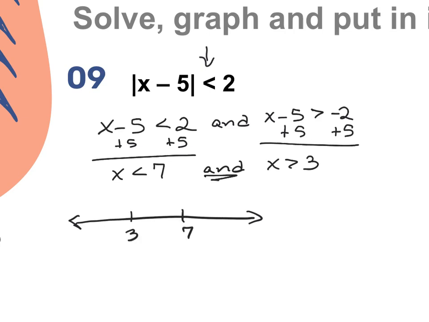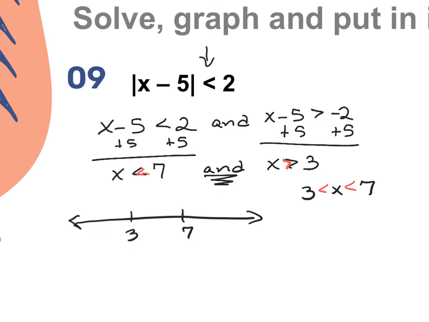Whenever it's joined with the word and, this compound inequality, you can also rewrite it, put the smaller number, the bigger number, and x in the middle. Notice how here, if you want to add the little teeth to it, with the 3, it's eating the x. With the 7, it's eating the 7.